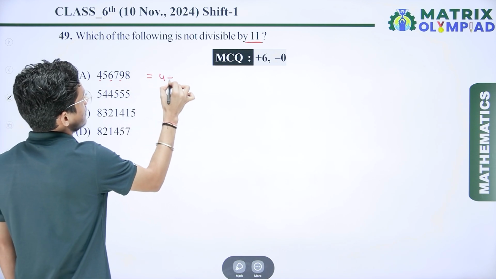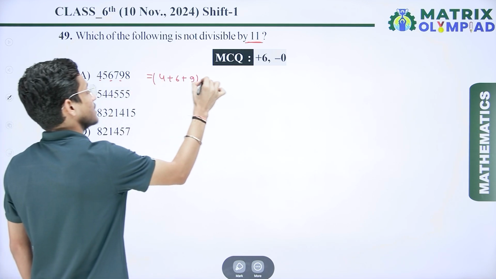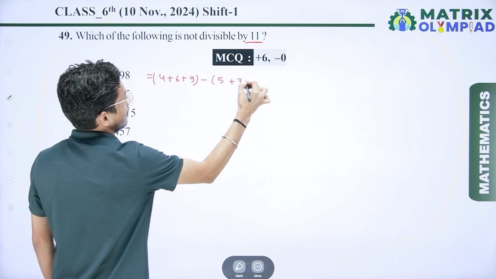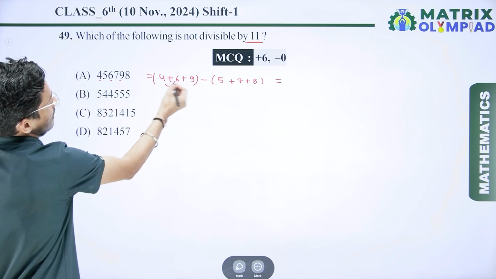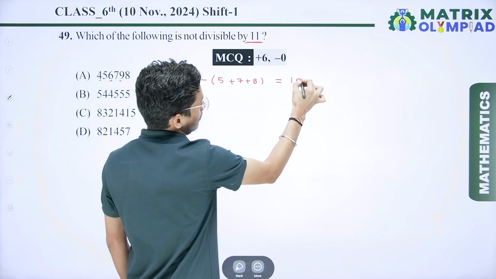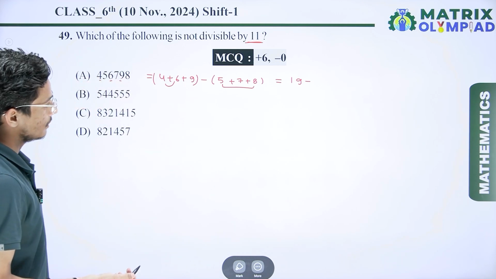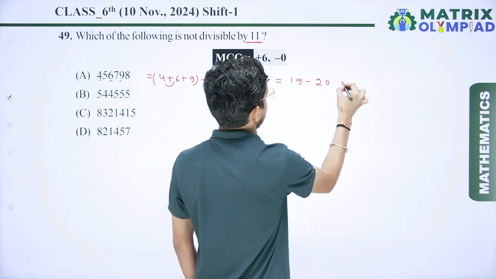We add 4 plus 6 plus 9, because these are the odd places numbers, and the even places numbers are 5 plus 7 plus 8. If I simplify here, 4 and 6 is 10, 10 and 9 is 19, minus 8 and 5 is 13, and 13 and 7 is 20. So here I get minus 1.